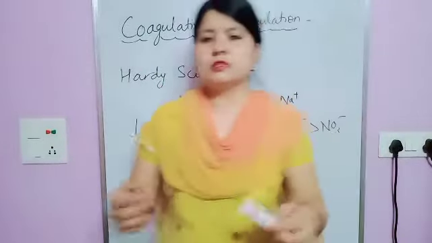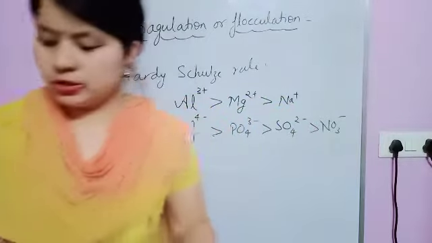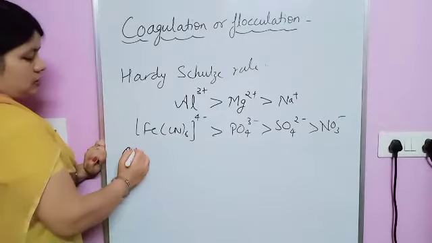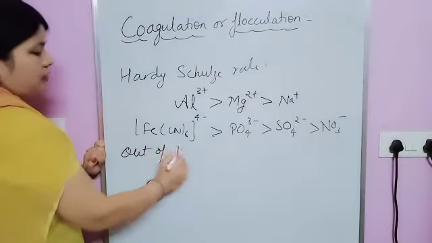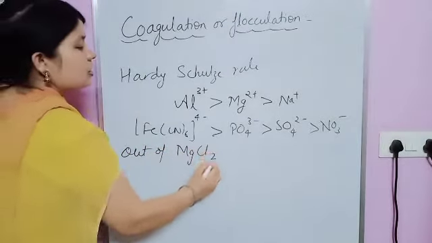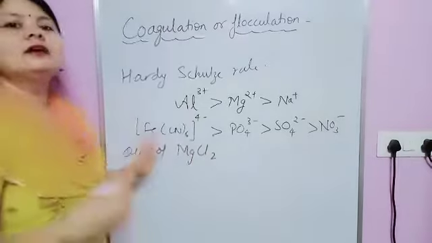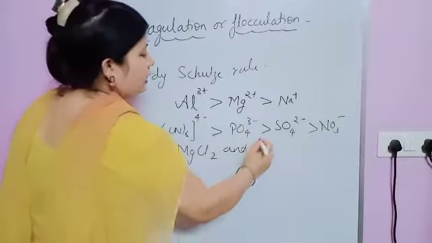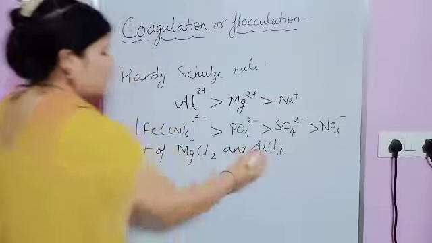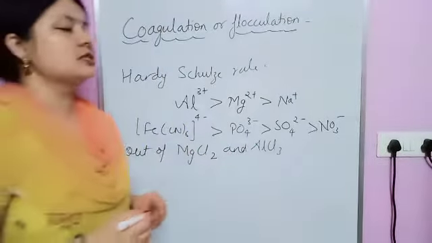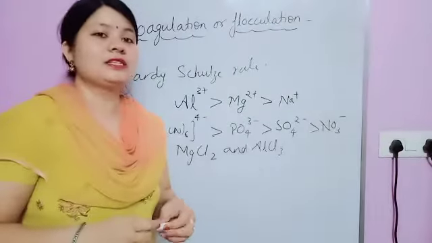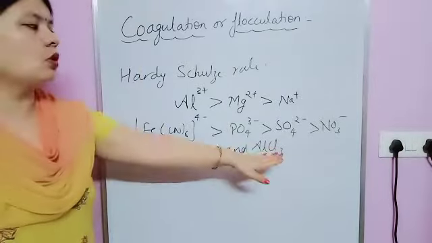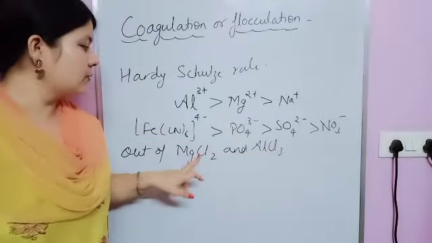Maybe a question is given, like out of MgCl2 and KCl, or maybe out of MgCl2 and AlCl3, which one has greater tendency of coagulation, or which one is more effective in coagulation. तो किसका ज़्यादा होगा, just check here.